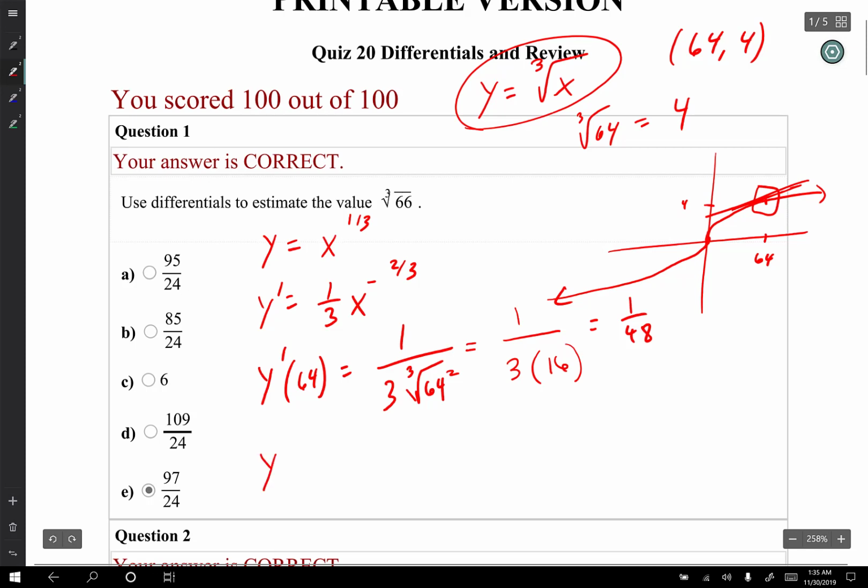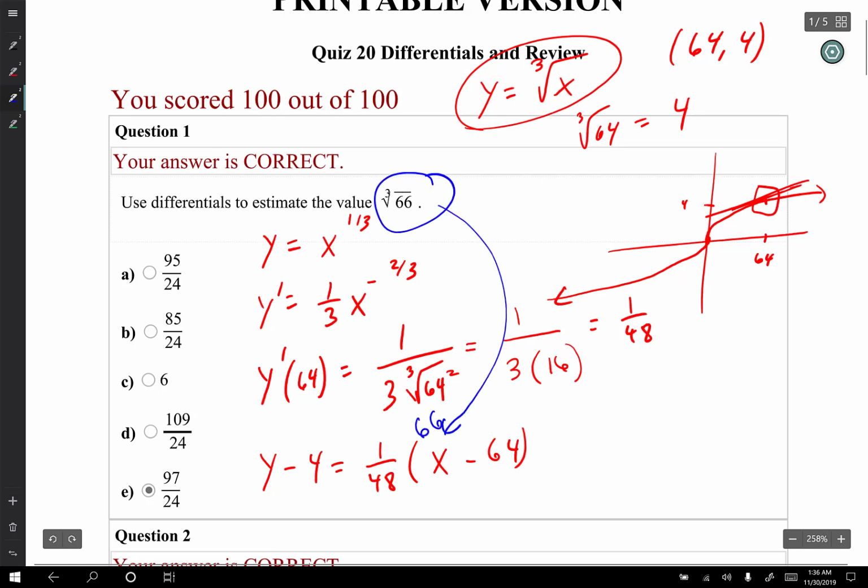All right, tangent line: y minus 4 equals 1 over 48 times (x minus 64). I'm going to plug in 66 here because that's what you want to approximate, the cube root of 66. So I'm using this tangent line to figure that out, guys. 66 minus 64 is 2. So y equals 1 over 48 times 2, plus 4.